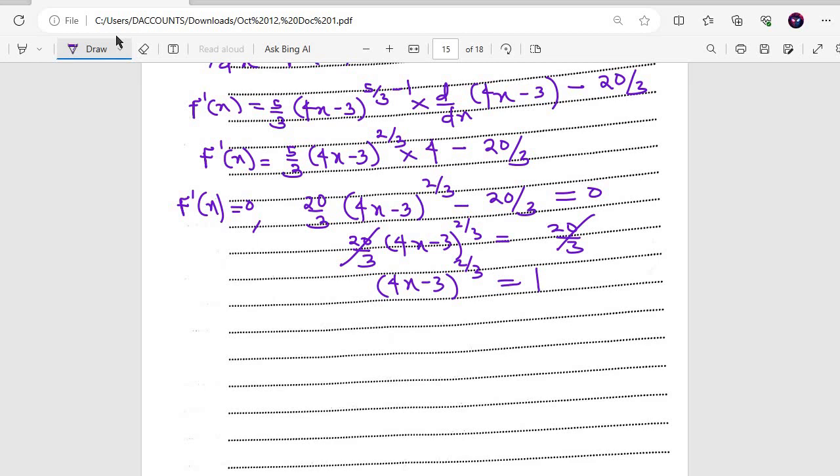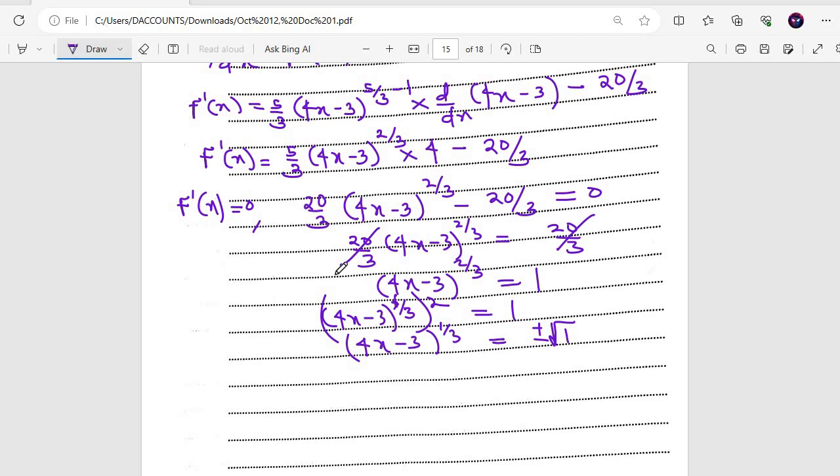You have to be very careful. (4x - 3) raised to the power 2 over 3 means (4x - 3) raised to the power 1 over 3, all raised to the power 2. So we are left with (4x - 3) raised to the power 1 over 3, squared, equal to 1. The square goes to the other side and becomes the square root of 1, plus or minus.